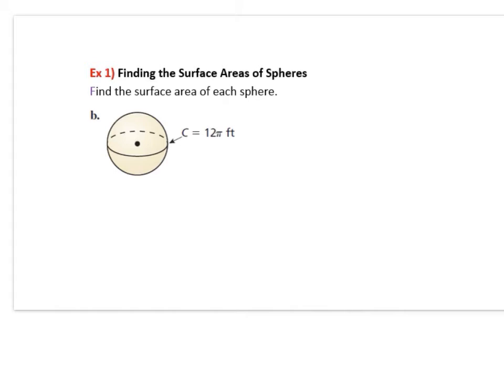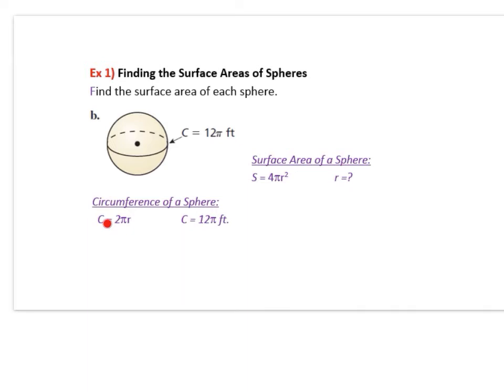All right, for example B, we're given the circumference of our sphere to be 12 pi feet, but we're still asked for the surface area. So let's start with that main formula first. Since we start with the circumference and we're being asked the length of the radius, I have to do a sidebar calculation involving circumference.